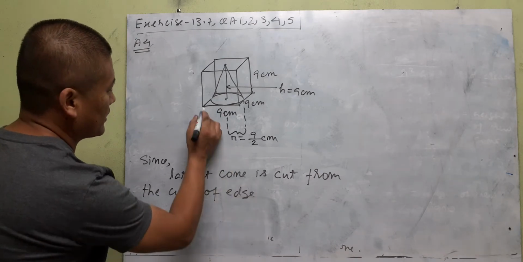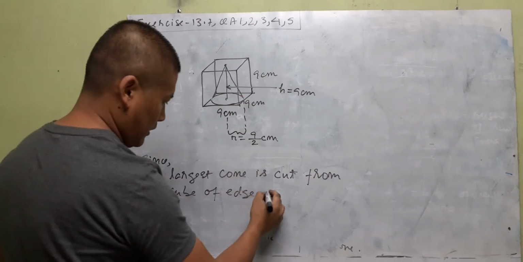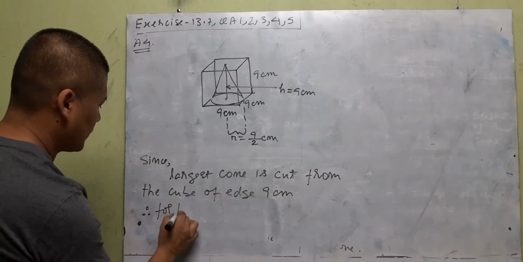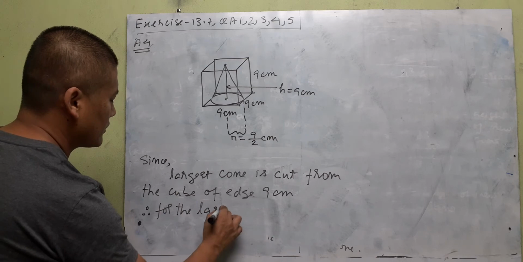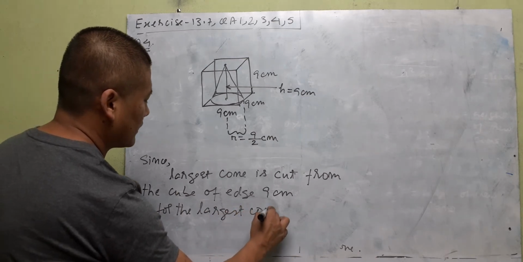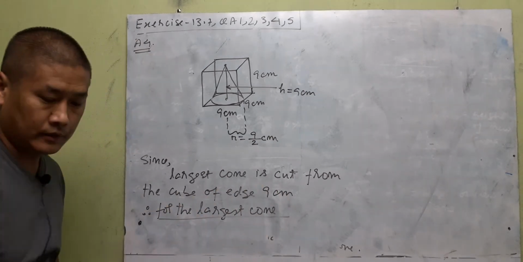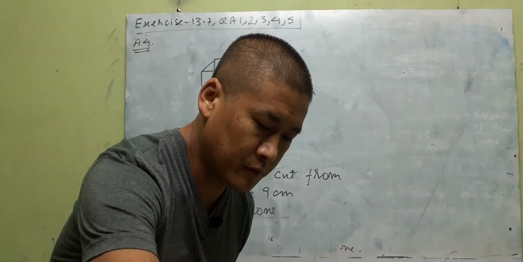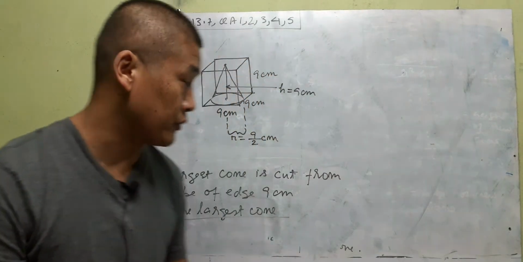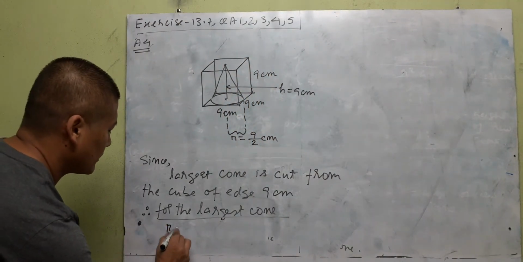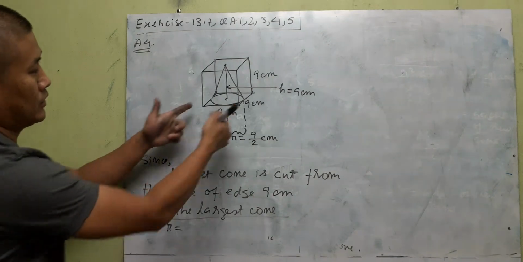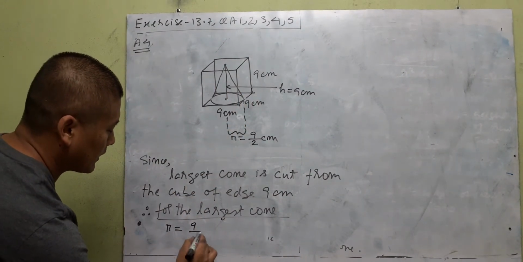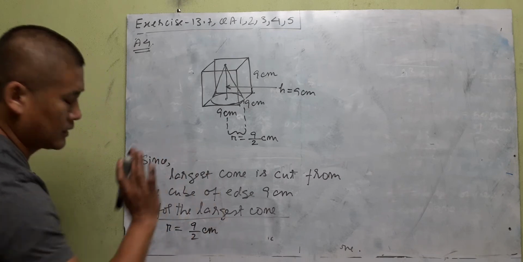H means the side, the measurement from here to here, here to here, 9 centimeters. Because of this, therefore, for the largest cone that is cut out, the radius, because of the manner in which the question is saying largest possible, will be equal to this h here. This is the diameter of the circular base now. So that is the diameter divided by 2. Just keep it like that.